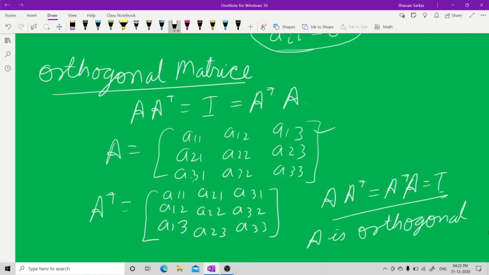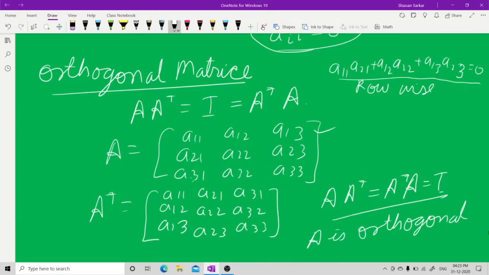If I write row A11, A21, A12, A22, A13, A23, I should get a 0. This was row wise.